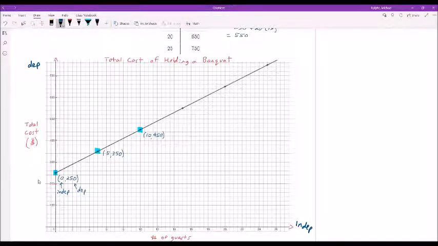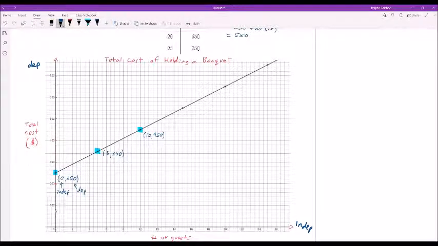So obviously, we can't have negative people. The independent axis is counting up the number of guests that are attending the banquet. We can have 0 guests. Well, that just indicates the initial value or the initial fee that has to be paid, the reservation fee, before we start taking into account any of the attendees.